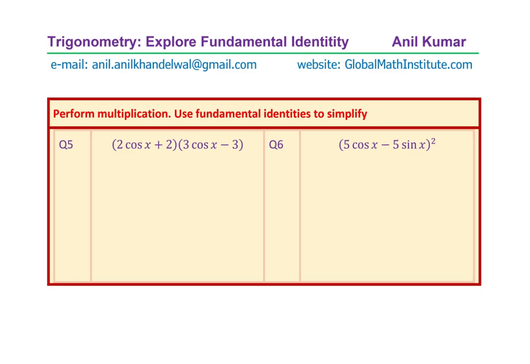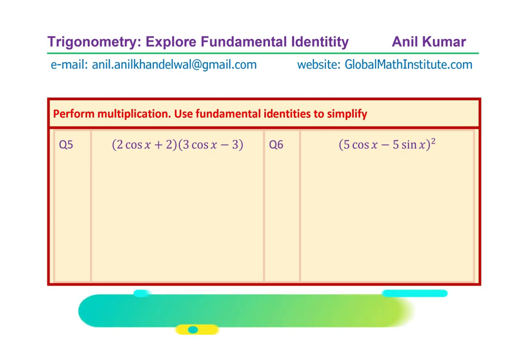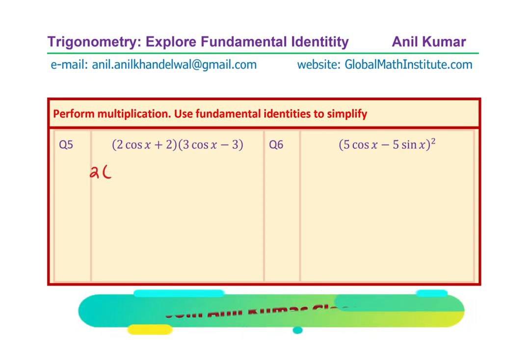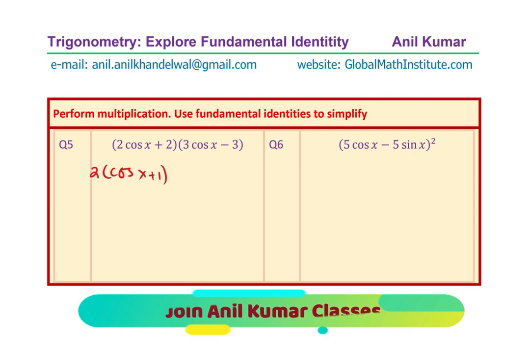Now here we will practice multiplication of these factors. So you have 2 cos x plus 2 and 3 cos x minus 3. Well, 2 and 3 can be taken common. So we get 2 times cos x plus 1, and here we could take 3, and we again get cos x minus 1.